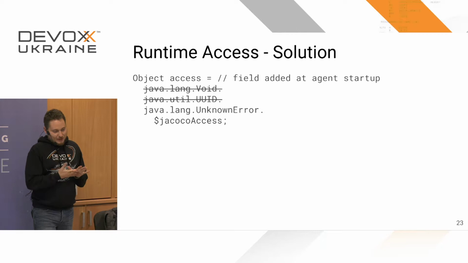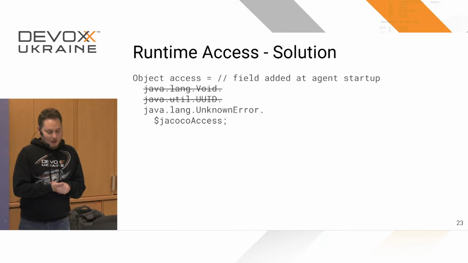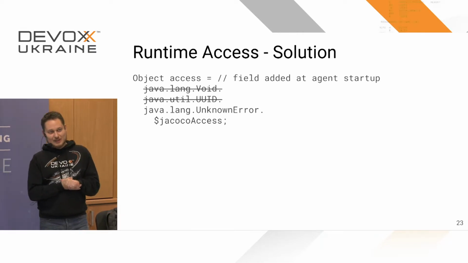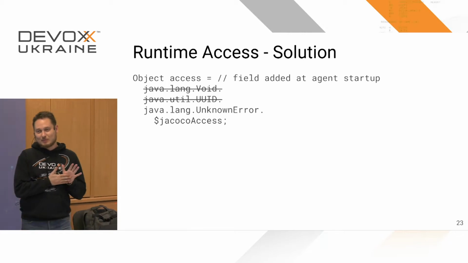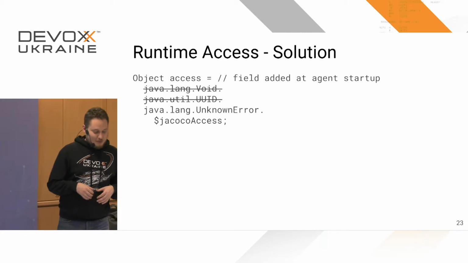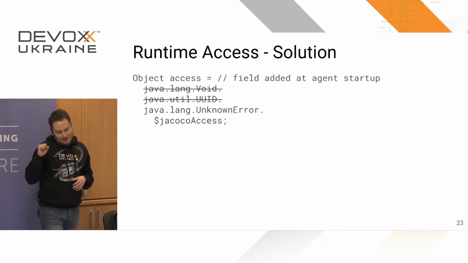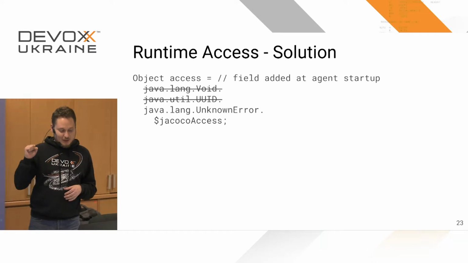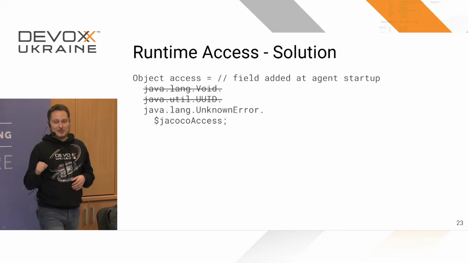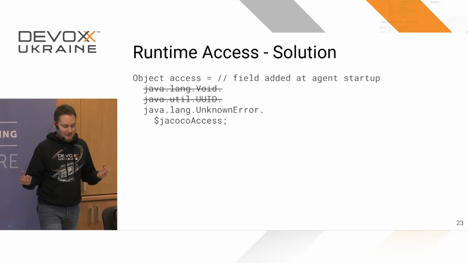We tried different things, but what does not change is the fact that we need to have something inside of java.lang to guarantee that this can be accessed from any instrumented class. So at agent startup, we go to a well-known Java class. In the latest version, it's java.lang.UnknownError, and we add into this class a field. And through this field, our runtime could communicate with instrumented classes.